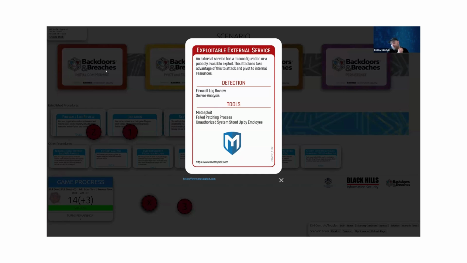So firewall log review would have also worked. It's just that in this case, we rolled less than 11. So that sort of amounts to a circumstantial failure to identify the mechanism of compromise. However, in this case, the analysis of the actual host itself was able to reveal that an external service had a misconfiguration or a publicly available exploit, and the attacker was able to take advantage of this to pivot to an internal resource.